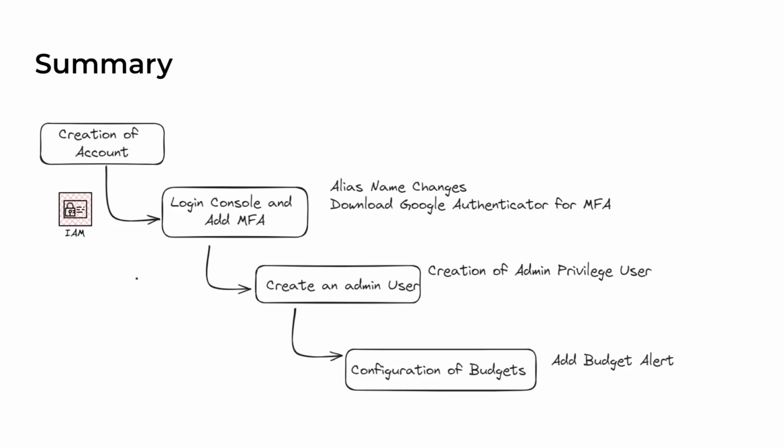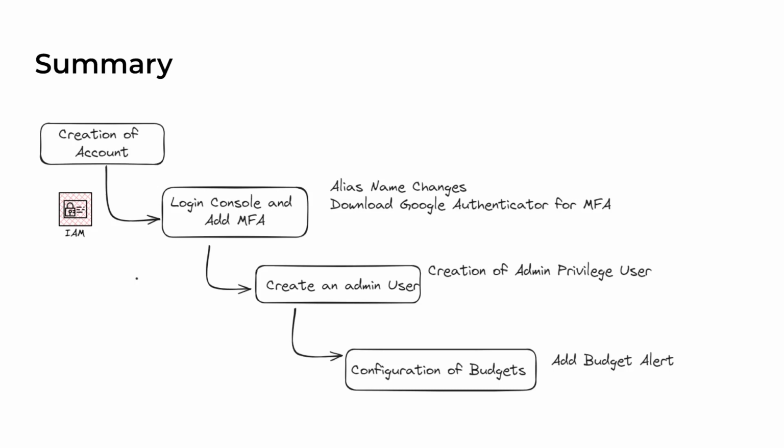What we wanted to do is reduce the usage of the root user for AWS service activity. So we have created the admin user with administrator privileges, so that whenever we are configuring or provisioning any services, we'll use that admin user instead of the root user.